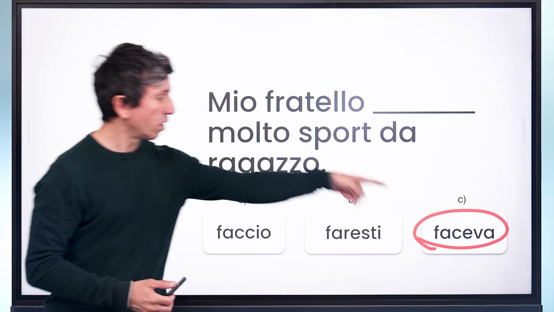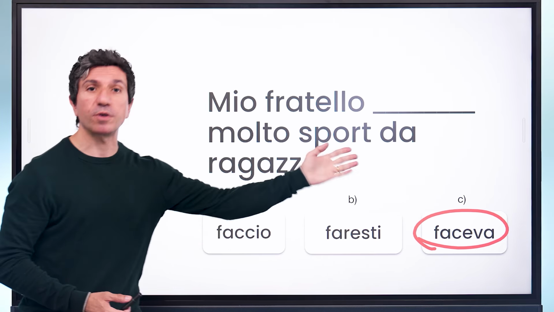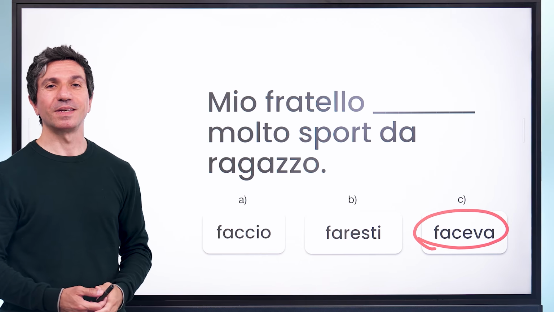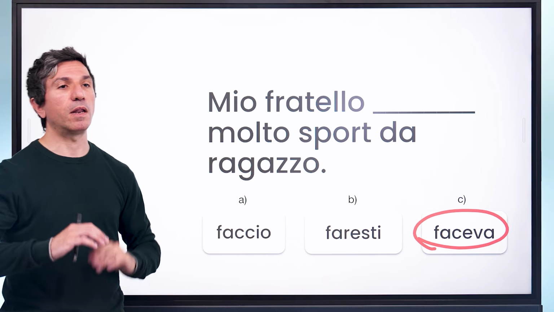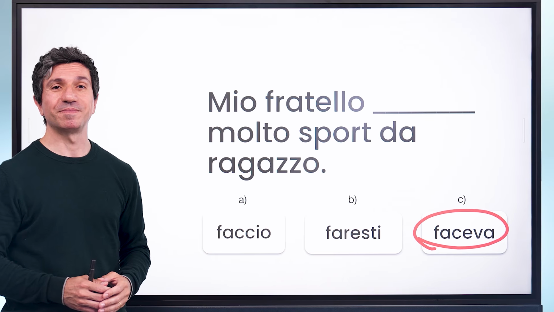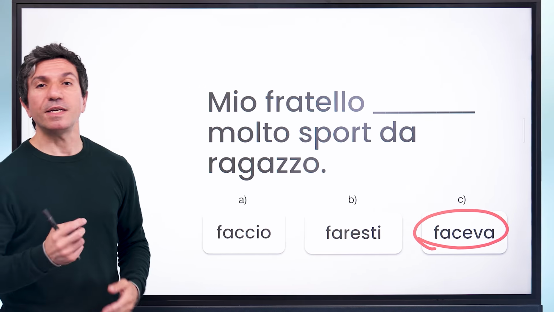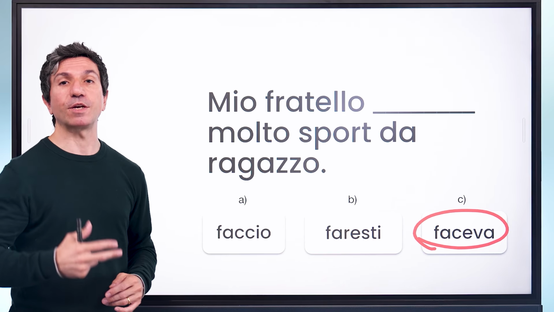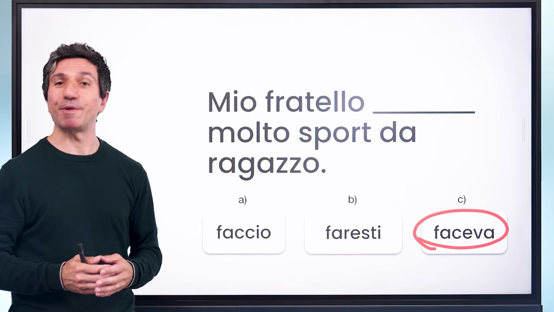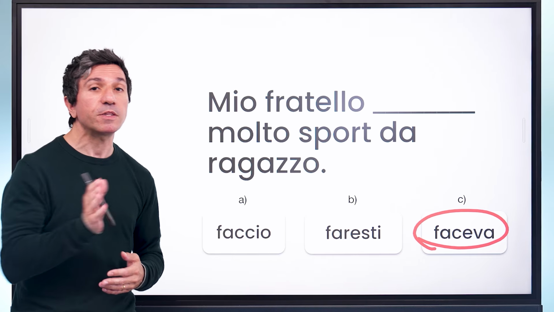Mio fratello faceva molto sport da ragazzo. My brother used to do a lot of sports as a boy. We use faceva because it's the third person singular of fare in the imperfetto, describing a repeated past activity.